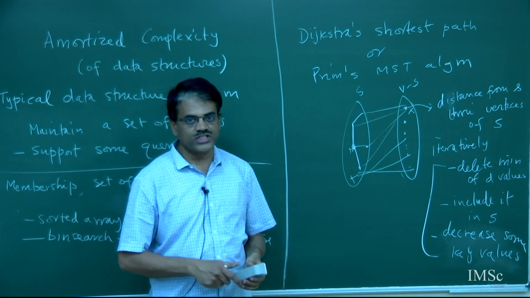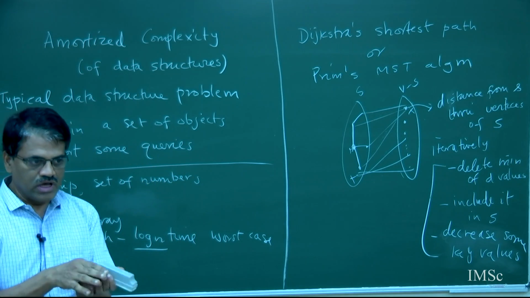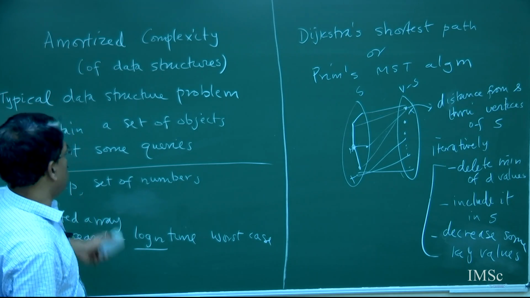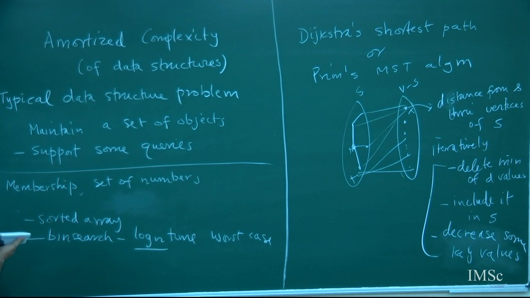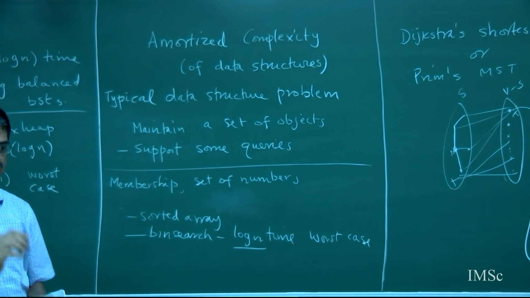So the goal is not the worst case running time for one operation, but the time for a sequence of operations. So amortized complexity is this notion of average time, but this average is not over some probabilistic randomized distribution or any such thing. It is the average time over a sequence of operations. I don't care about one operation, I want to minimize the total time.